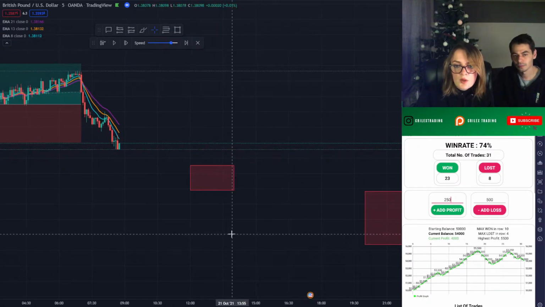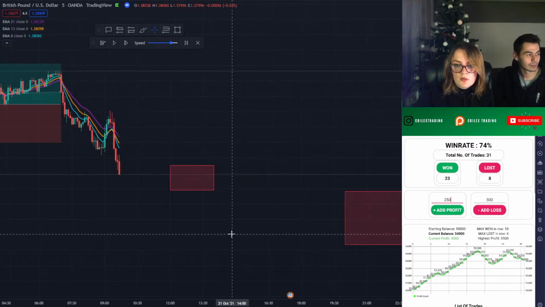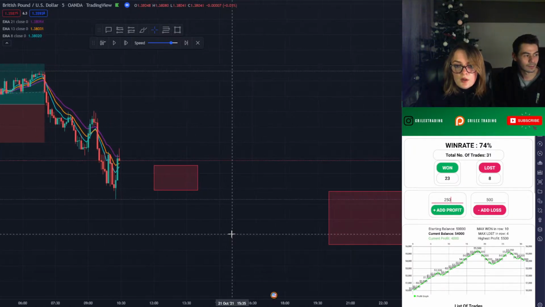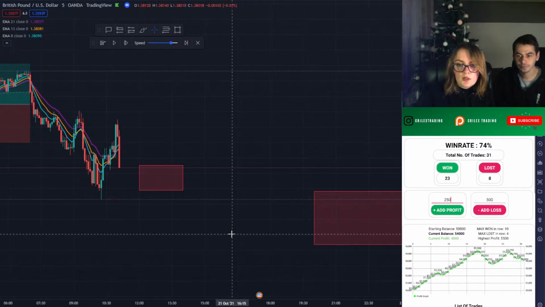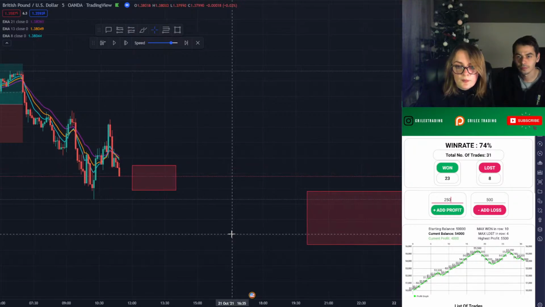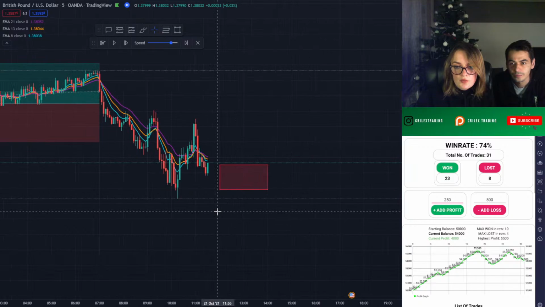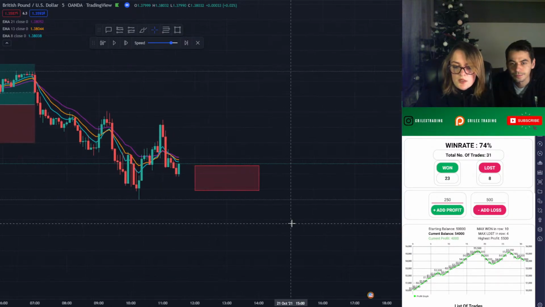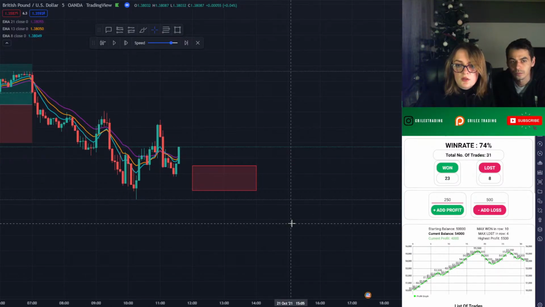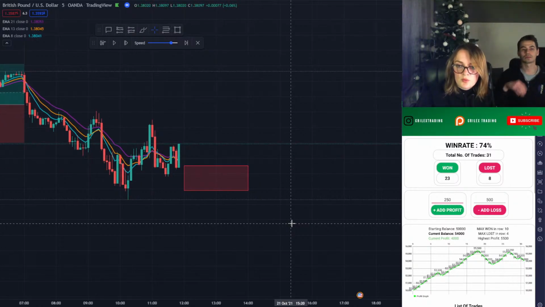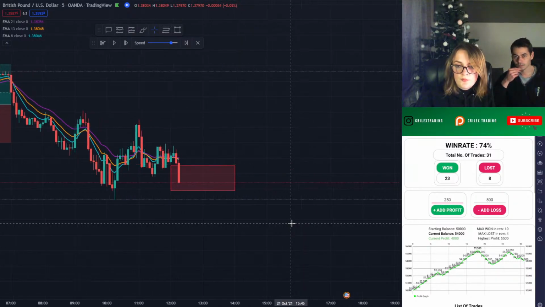So now we are going into a new sell zone. We are close to this box and let's see what will happen. This will be interesting. Okay, actually we have no retouch here. Yep, you can see, and this candle closed above, so no entries for the moment.